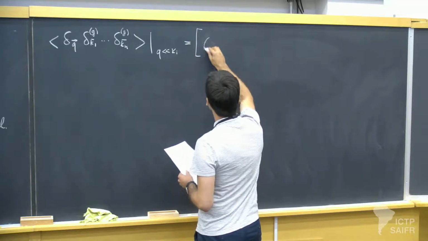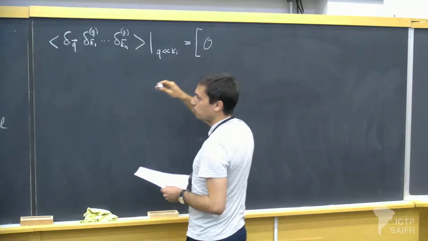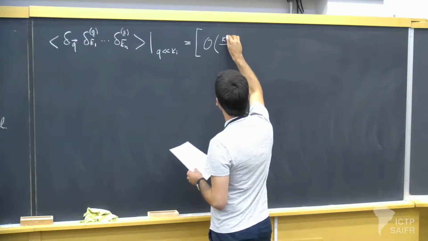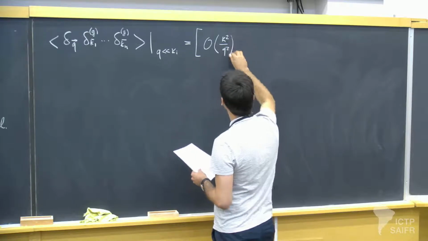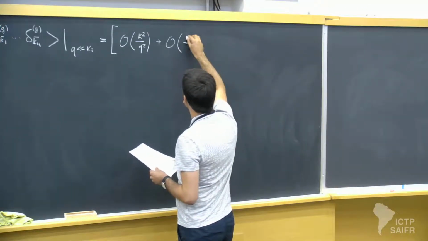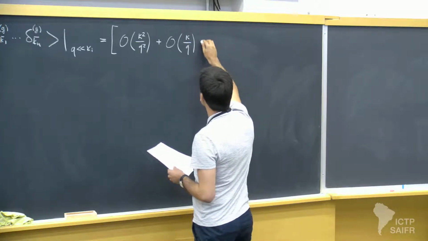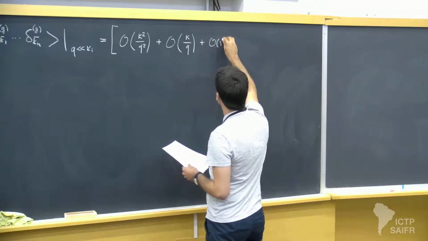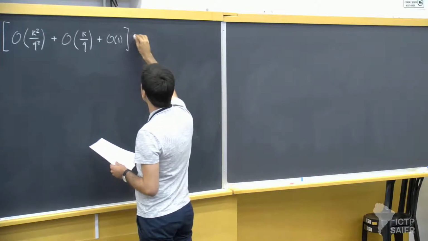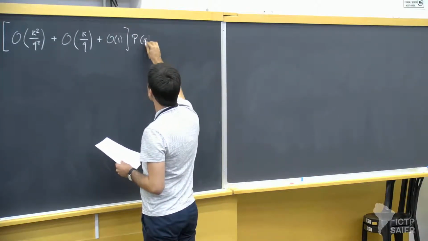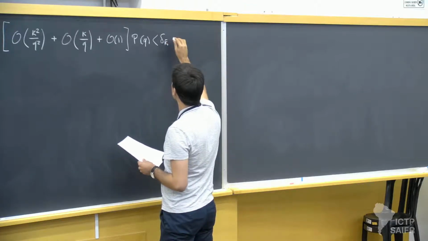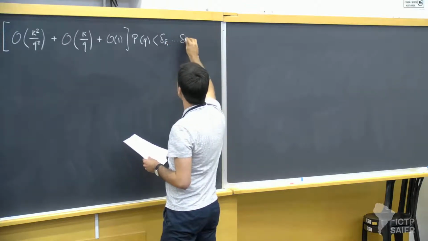So first of all, you may think that you're going to have some contributions of order k squared over q squared. You may think that you're going to have some contributions of the order k over q and some contributions of order 1 in this expansion parameter, multiplying P of q and then delta k1, delta kn.